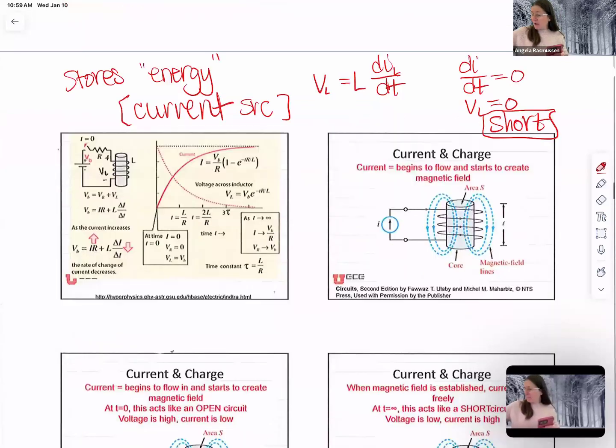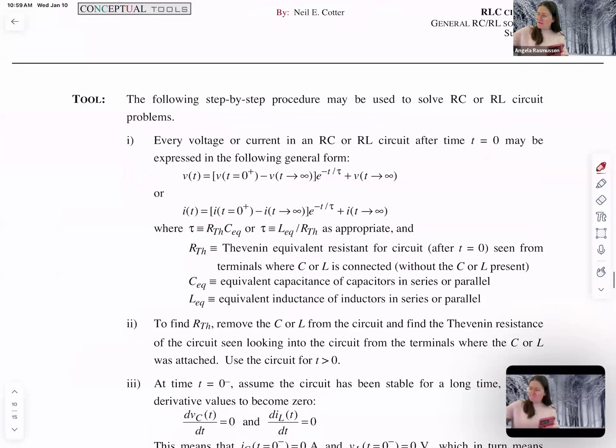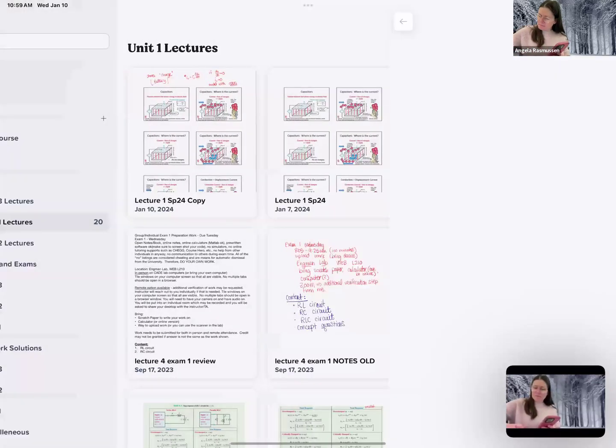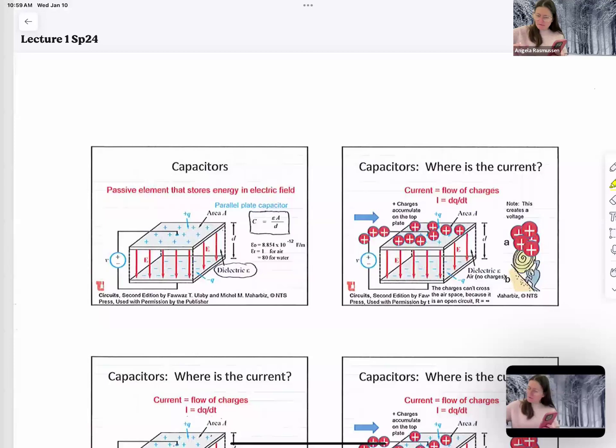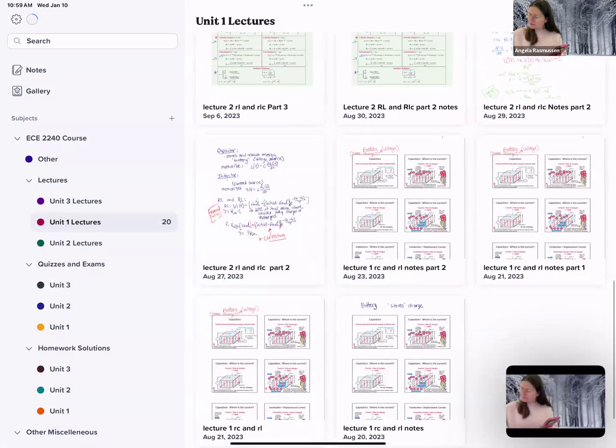Okay, so now we're going to look at circuits. I want to highlight here what you've seen in the past.